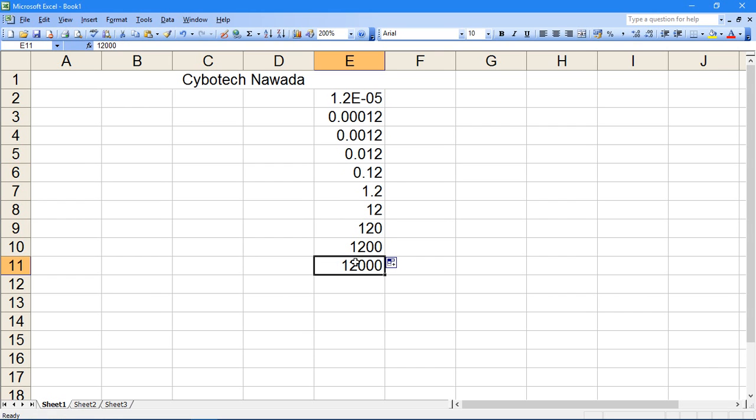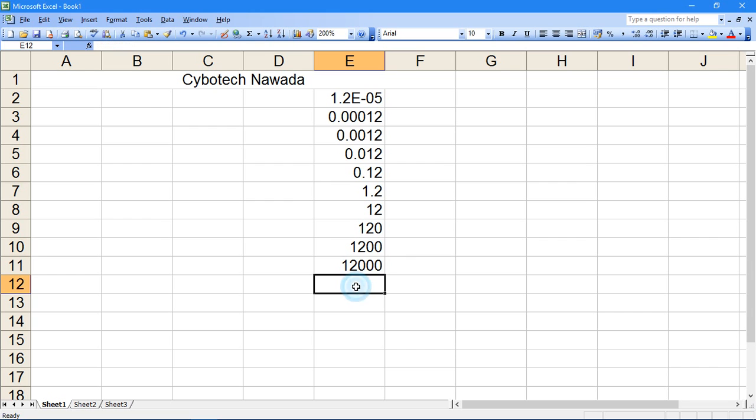This is because here I am pressing F2 to get the address. Here I am writing E11 into 10%. But when we copy it in this cell, it automatically becomes E10. In this cell, it automatically becomes E9. In this cell, it automatically becomes E8, and so on.